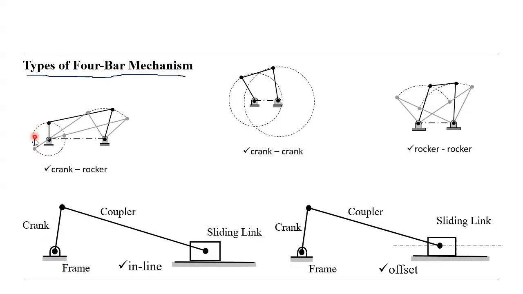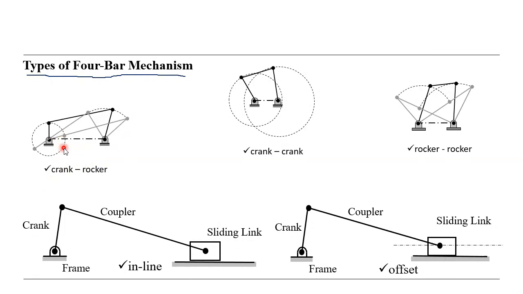This is the crank here, which rotates like this and fulfills the circular motion, and the follower also fulfills a semicircular motion, let's say. The coupler in between fulfills the planar motion.